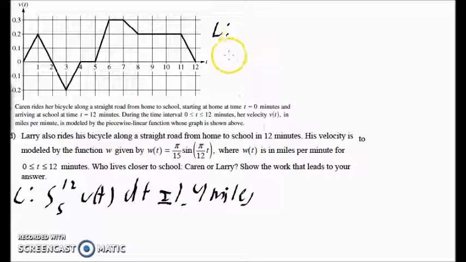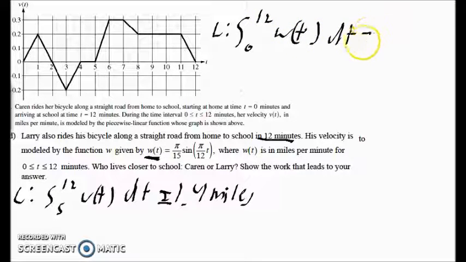For Larry, it takes him 12 minutes to get back to school, using the function w of t, so we can just take the integral from 0 to 12 of w of t dt through our calculator, because this is the calculator section, and that answer would be 1.6 miles.